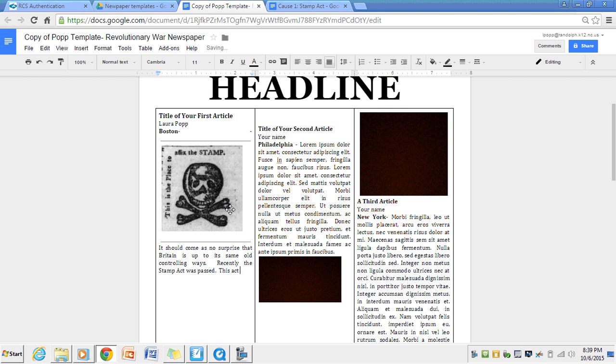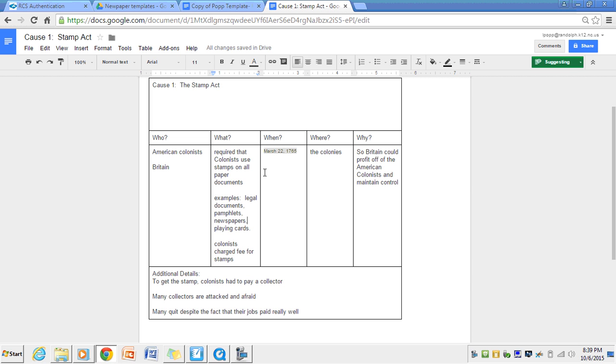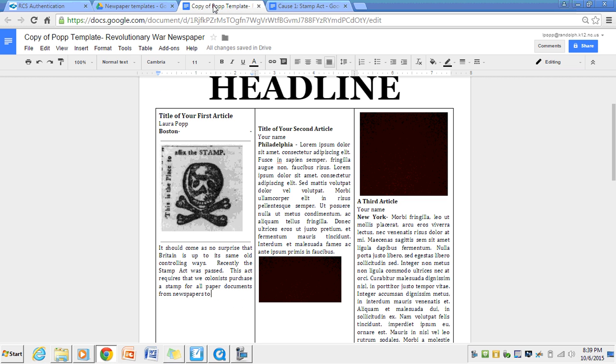This act requires that we colonists purchase a stamp for all paper documents, from newspapers to pamphlets to playing cards. I'm going to say that.